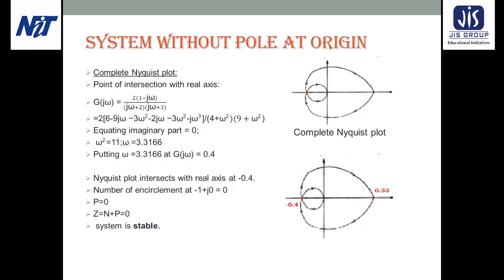So next we will consider the point of intersection on the real axis. That means we need to find this point of intersection. To find it, we will divide G into two parts, one is the real part and another is the j omega part. That means s is equal to sigma plus j omega, and we will divide G(j omega) into real part and imaginary part.